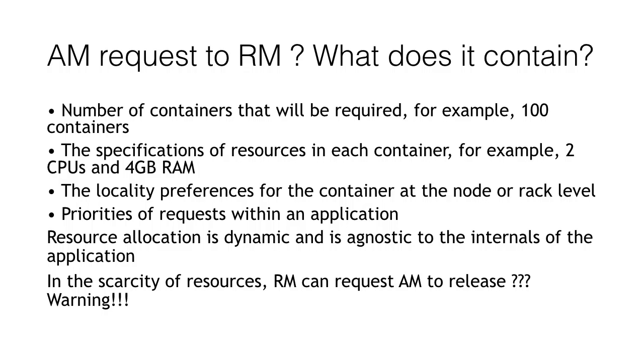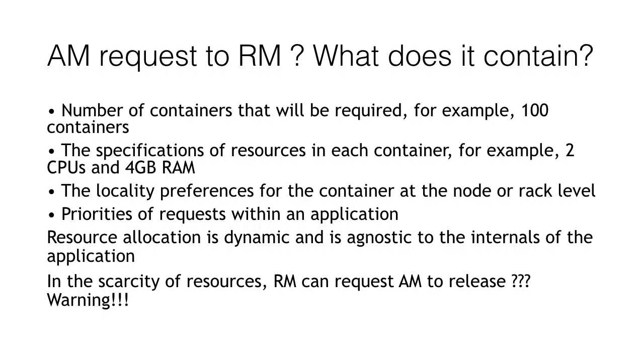The resource allocation is dynamic and agnostic to the internals of the application. So what this means is, when the resources are allocated, it doesn't deal with any of the application specific requirements. It doesn't know what the application is going to be or how it's going to be, right?